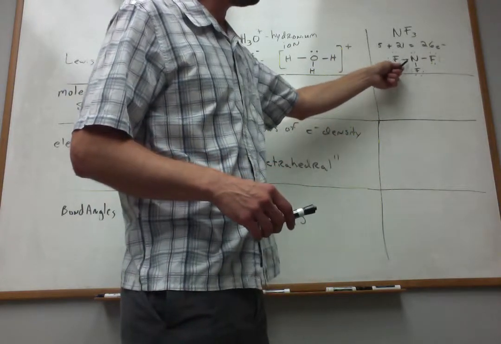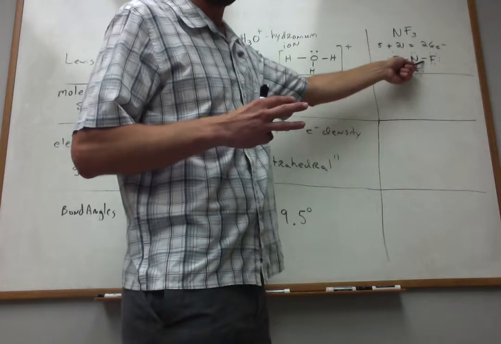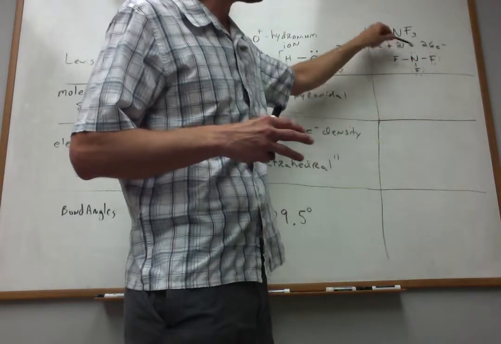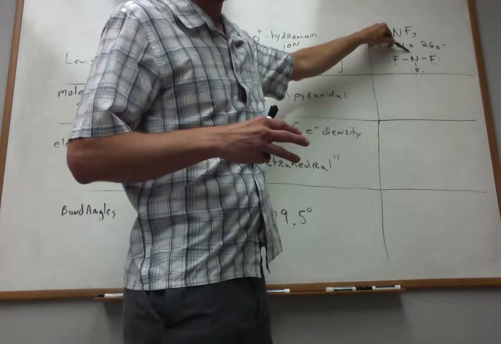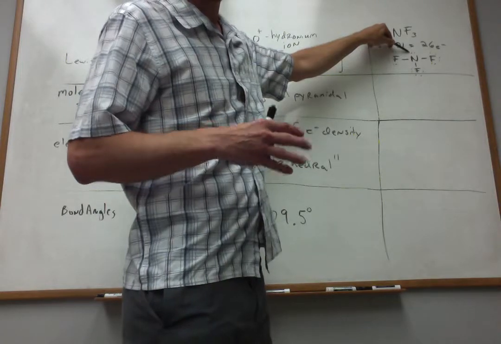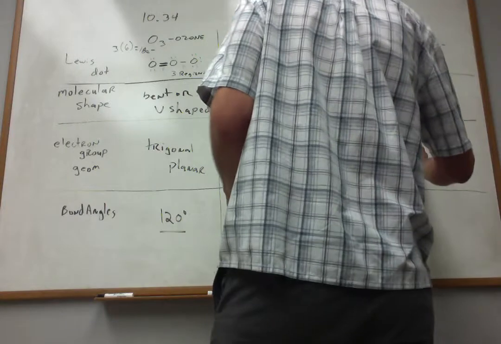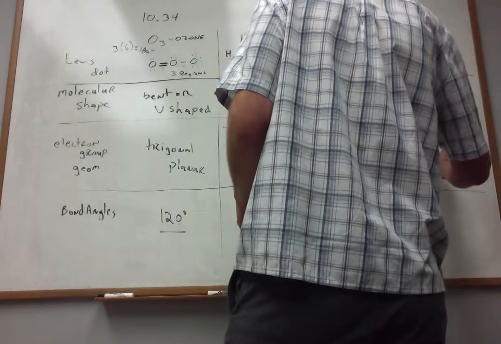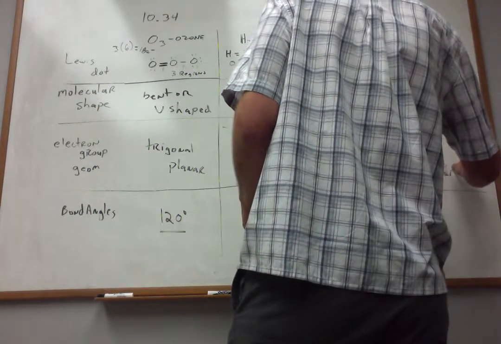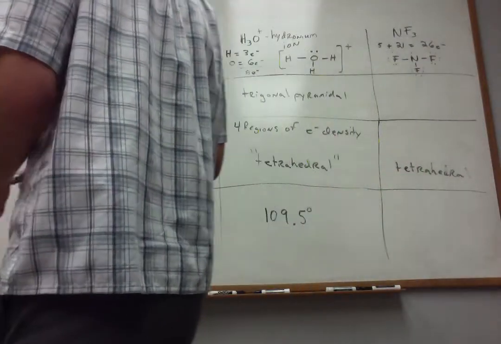So we've got 1, 2, 3 bonds. Each one counts once. That's 3 plus my lone pair of electrons. That makes 4. 4 regions of electron density dictate, again, tetrahedral electron group geometry.